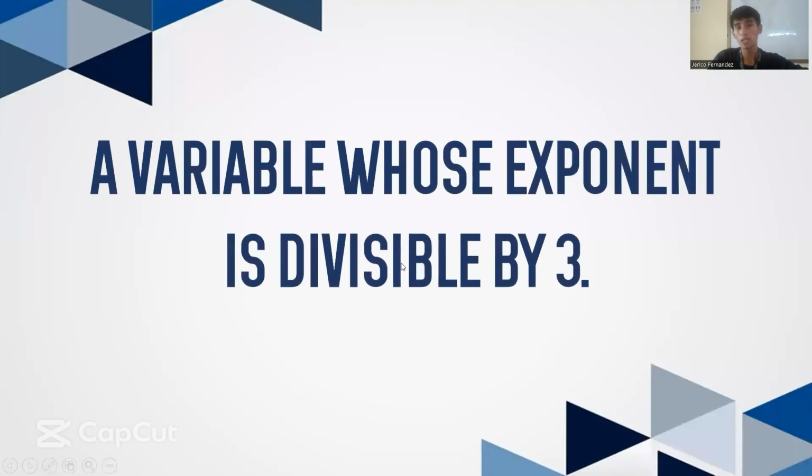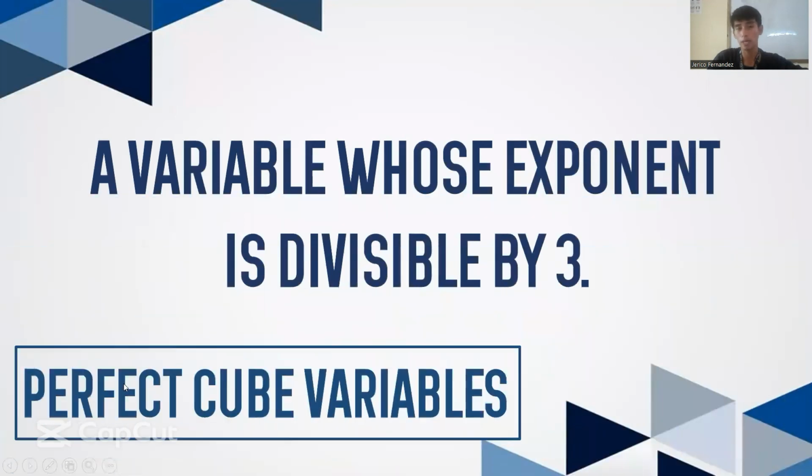Okay, a variable whose exponent is divisible by 3 naman sa perfect cube variables. Kapag divisible by 2 or even numbers, they are perfect square. Kapag divisible by 3 naman, perfect cube sila.